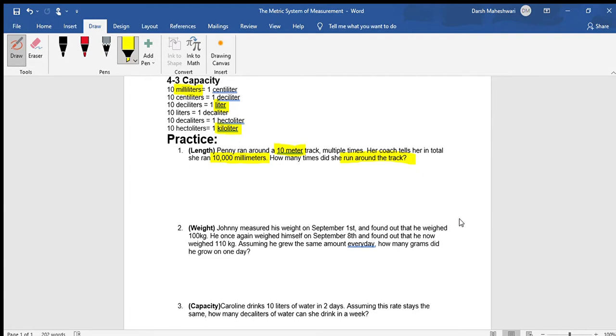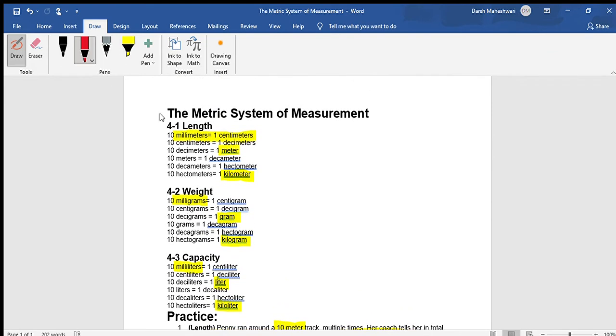Okay, so first we have to find how many millimeters are in 1 meter, right? So remember the 10 times 10 times 10 thingy that I taught you guys? Millimeters are here, so we're going to start from this 10. Meters are here. So we are going to multiply 3 tens.